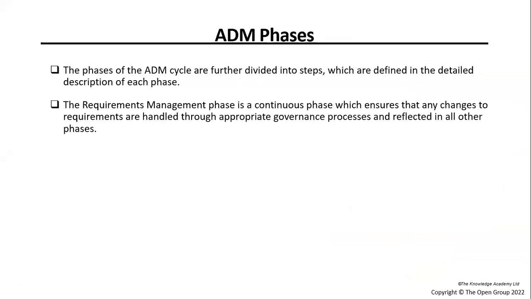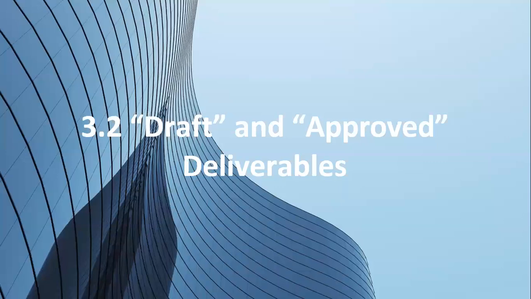Even the statement of work or request for work, if somebody follows this and goes for the exam, they will be confused. What is a statement of work? Now, next one, what is the difference between a draft and an approved deliverable? Any idea what it is?